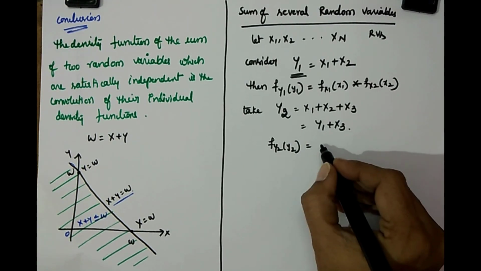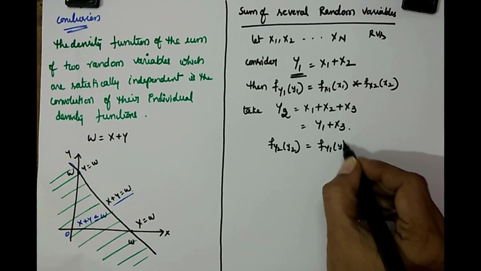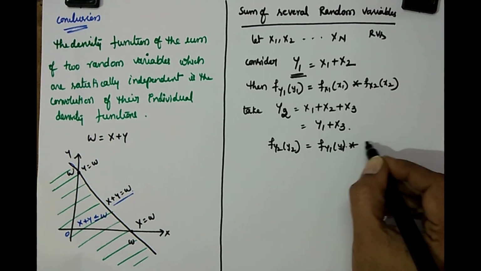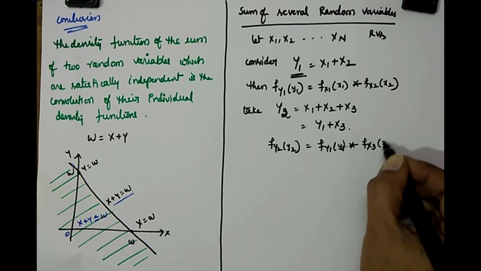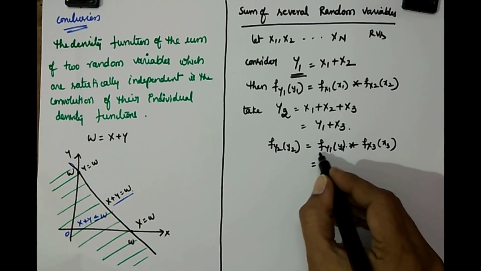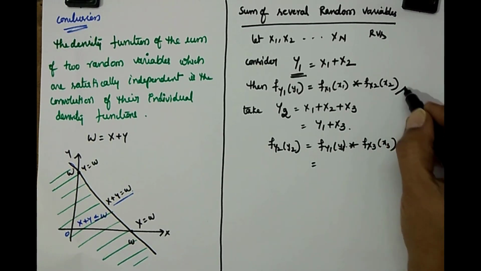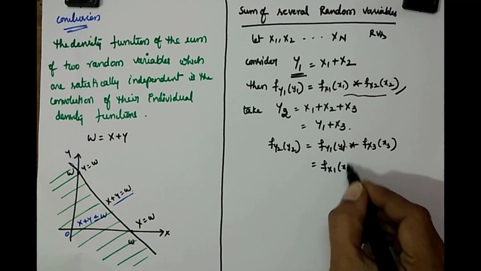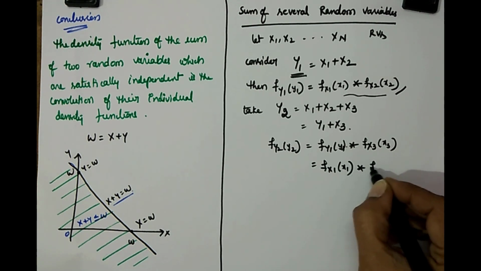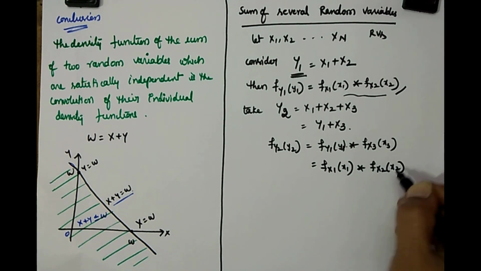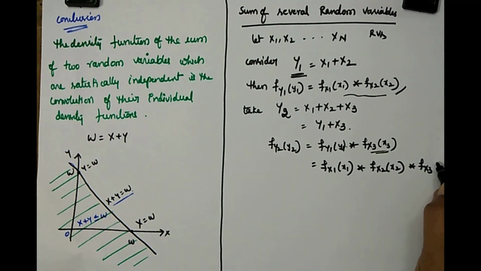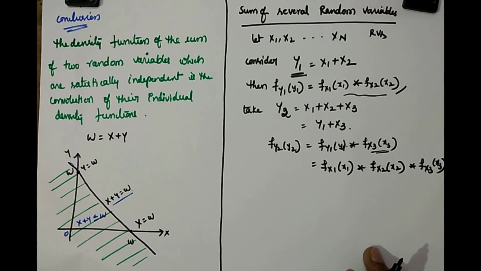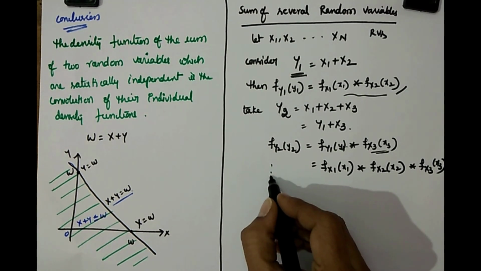Again you have to go for convolution: fy1 of y1 convolved with fx3 of x3. What is fy1 of y1? From this you can write the total: fx1 of x1 convolved with fx2 of x2, and here is another term, convolved with fx3 of x3. Understood?